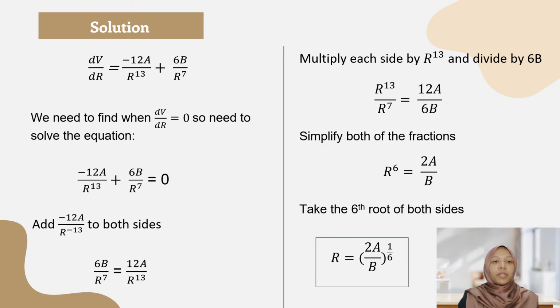And then we simplify both of the fractions. So we get r⁶ = 2A/B. And then we take the sixth root of both sides. So we get r = (2A/B) all to the power of 1/6.